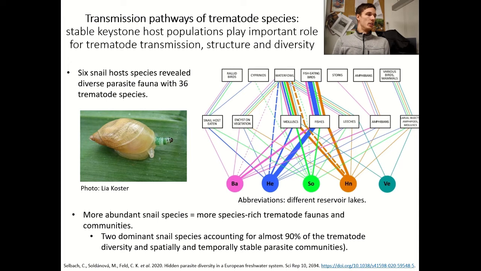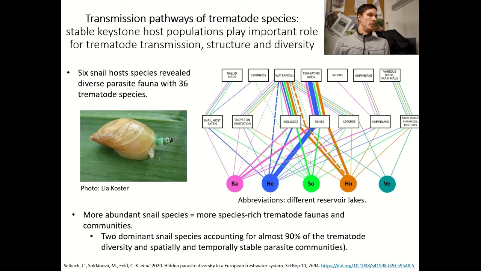The figure on the slide shows transmission pathways of the trematode species, and the middle boxes are the second intermediate hosts or encystment in the aquatic environment, and the top boxes of the figure are definitive host groups.